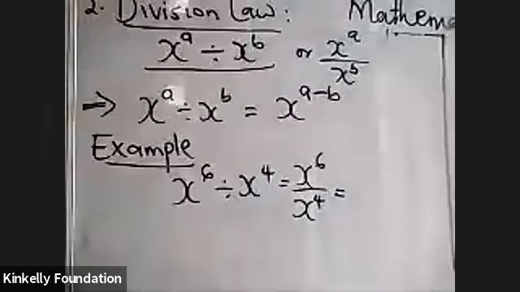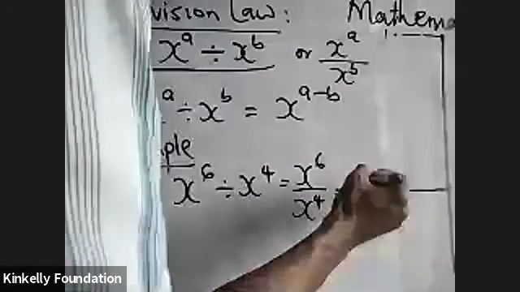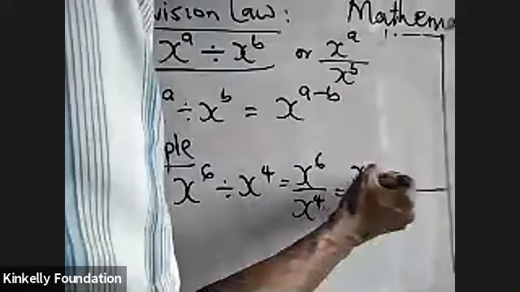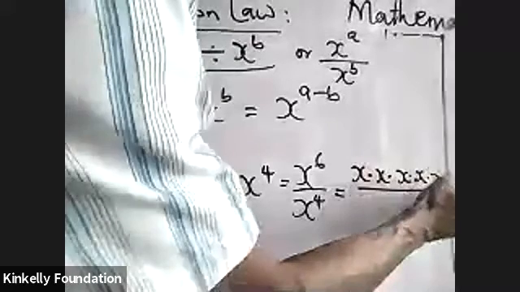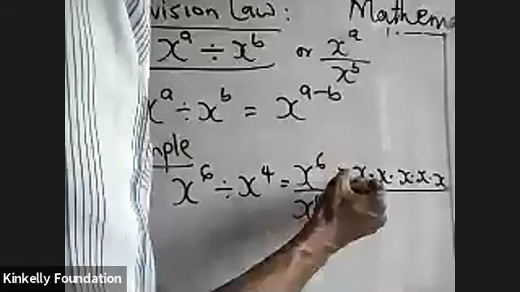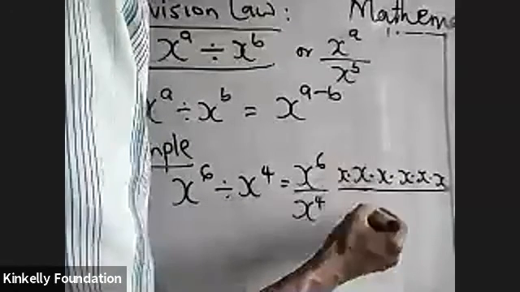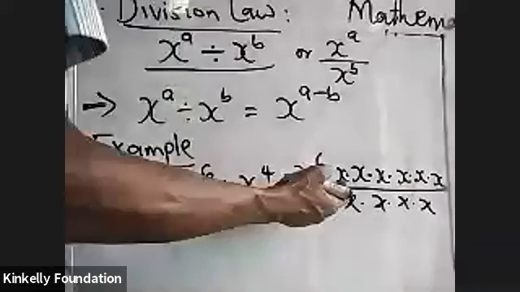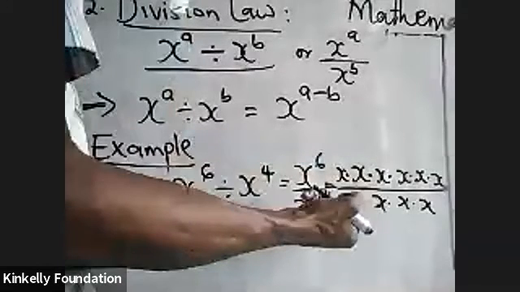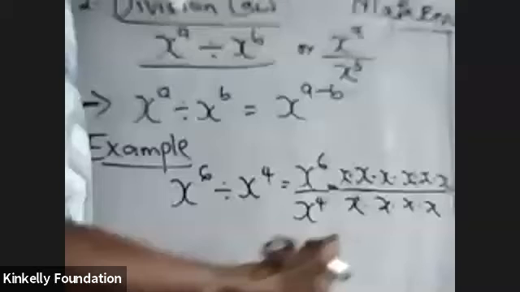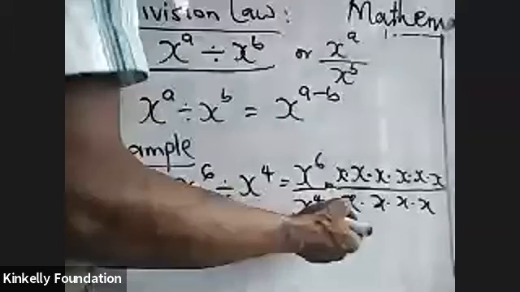This is the division sign here, the slash. This times this times this times this times this times this, all over this times this times this times this. That's s raised to power 6, and s raised to power 4.